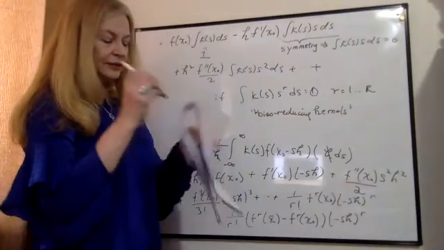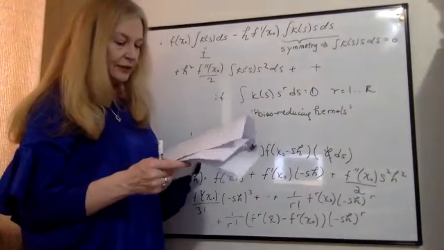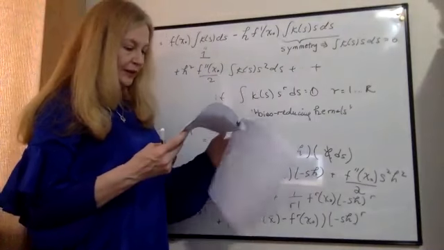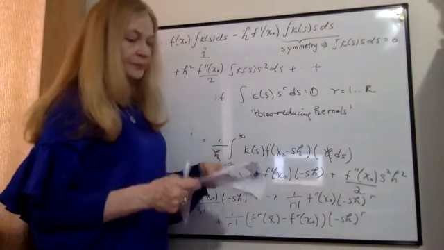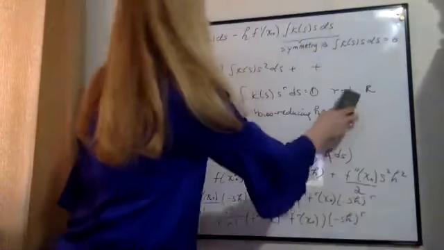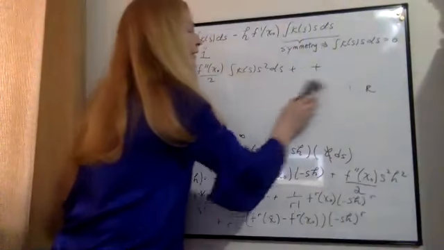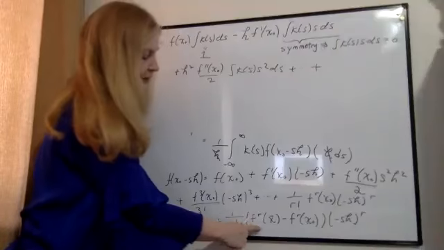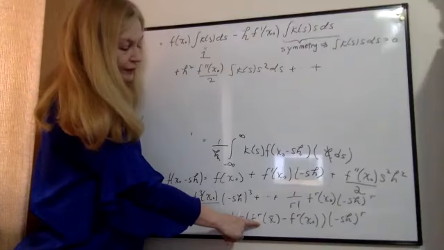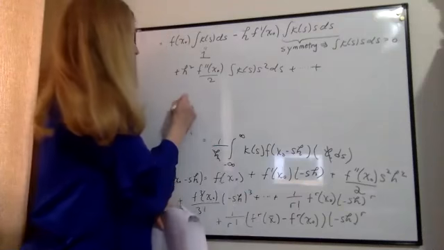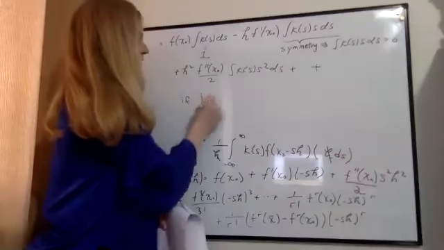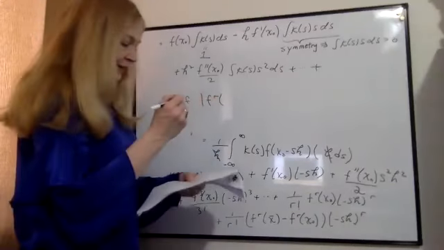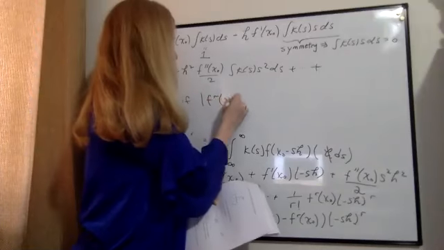Maybe I should do it a little less generally because I don't want to overwhelm you all, but you can make an assumption which is called a Lipschitz condition on f. This is the rth derivative of f. So we could assume that the rth derivative of f satisfies this.